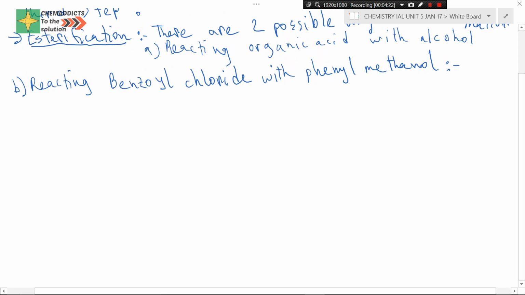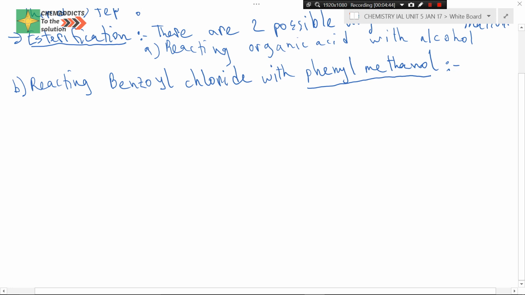First of all, we already have phenyl methanol, which we got by reducing benzaldehyde in the first place. But we need to prepare benzoyl chloride, since benzoyl chloride is not present in this experiment.